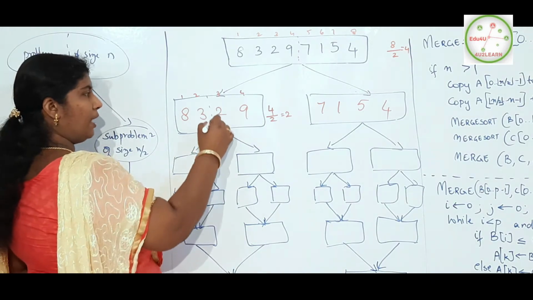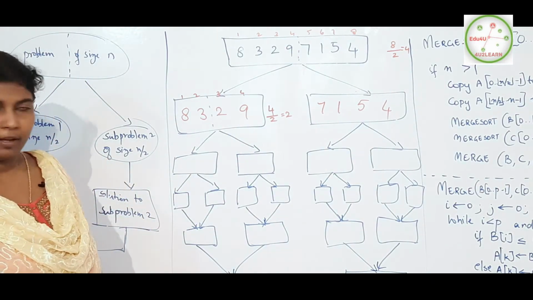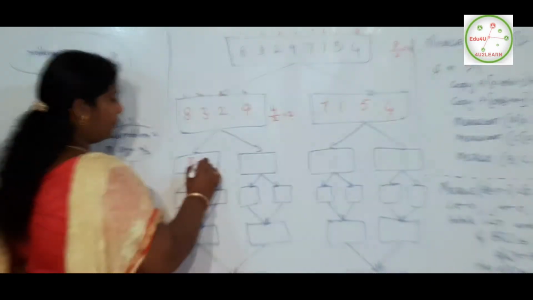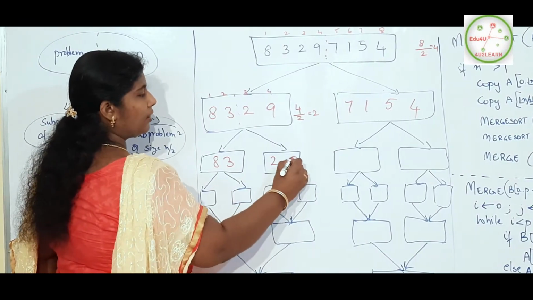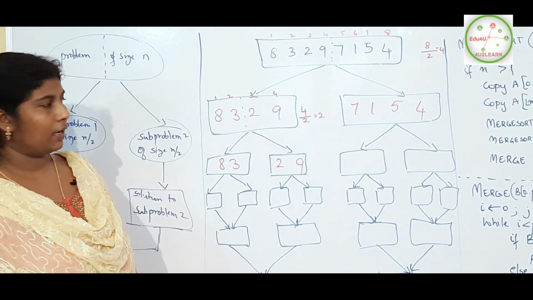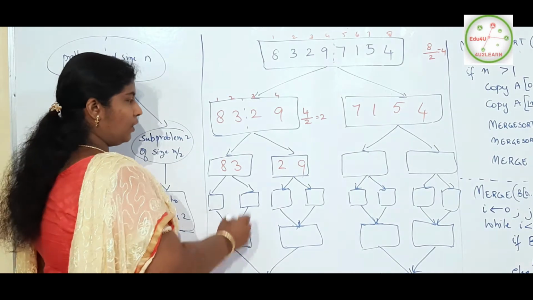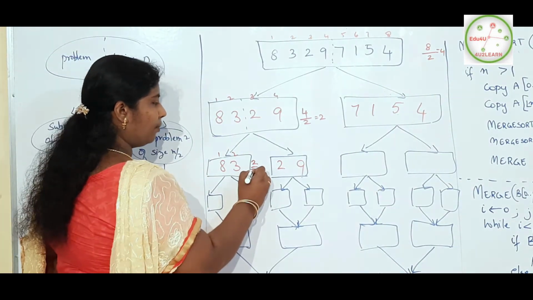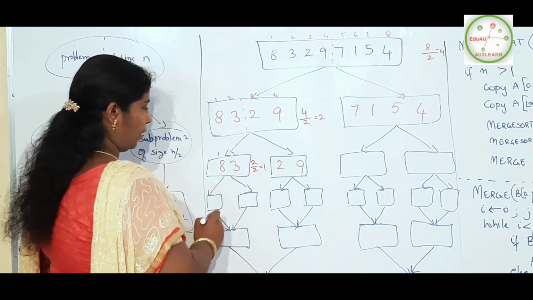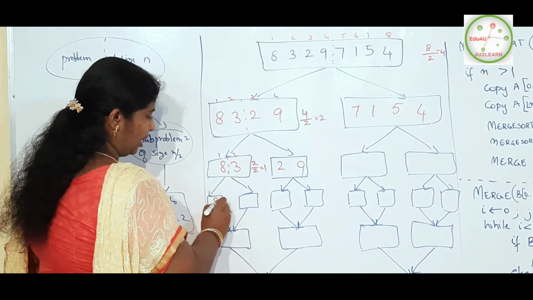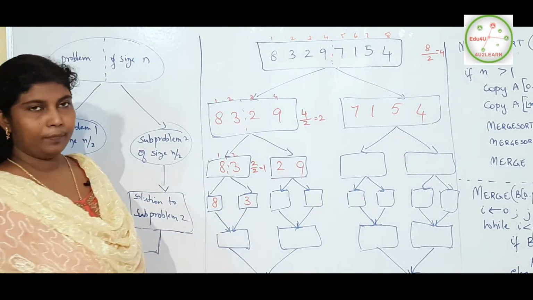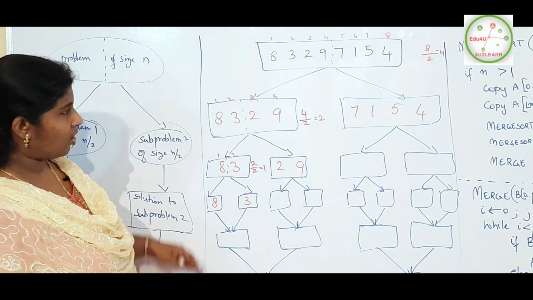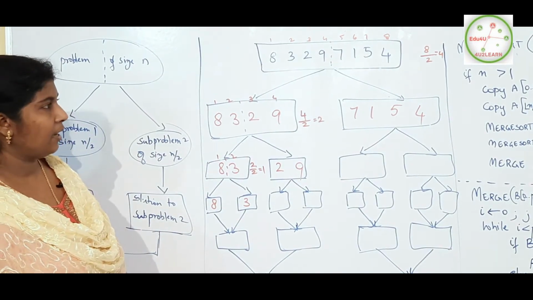So we divide 2 elements each. This will be a sub-problem and these 2 numbers will be another sub-problem. Here 2 elements are there, so 2 divided by 2 is going to be 1. So we have 8 and 3. This is how the division has taken place.